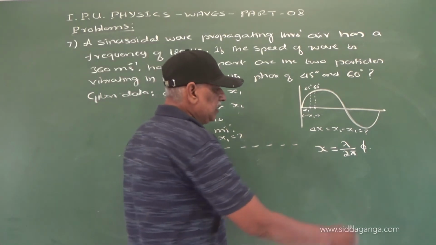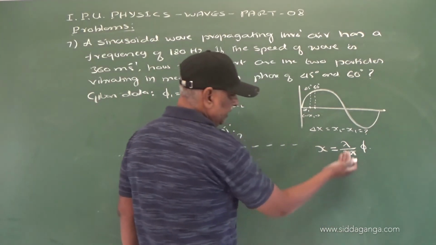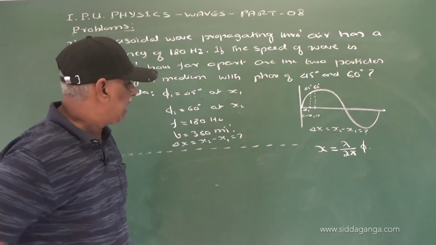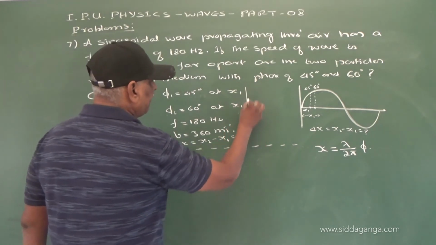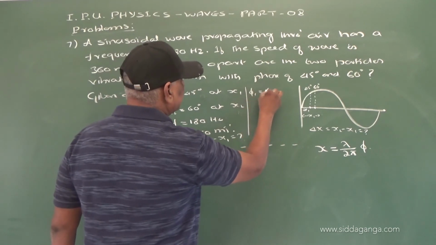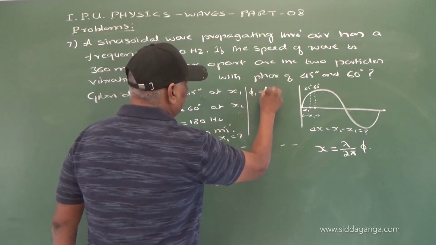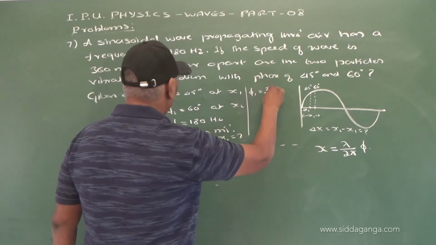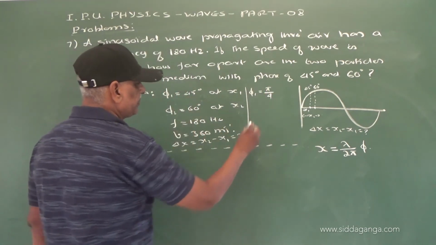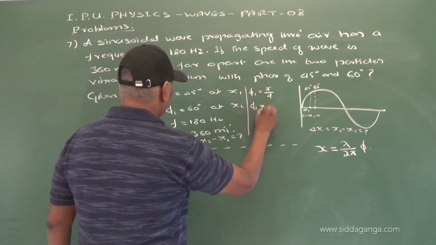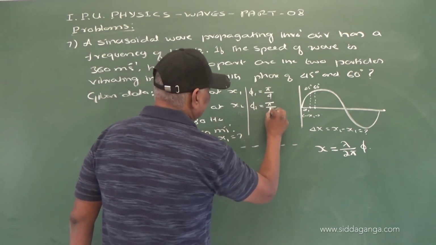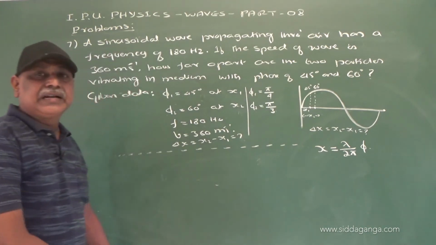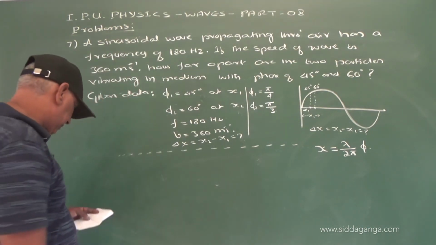So for that, we need to use the wavelength lambda. Now this phi 1 can be written as pi by 4, that is 45 degree. Phi 2 is equal to pi by 3, that is 60 degree, right.